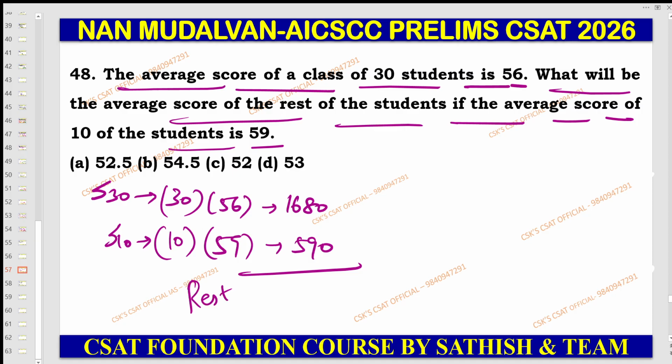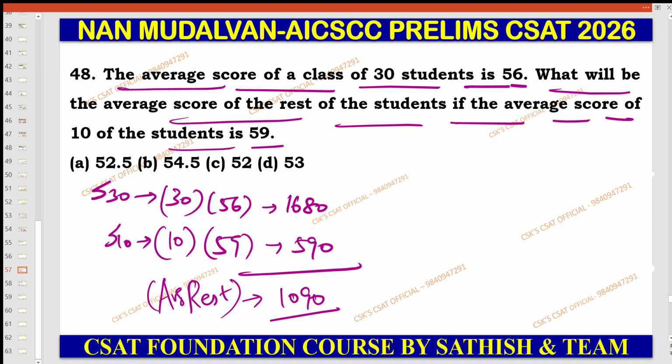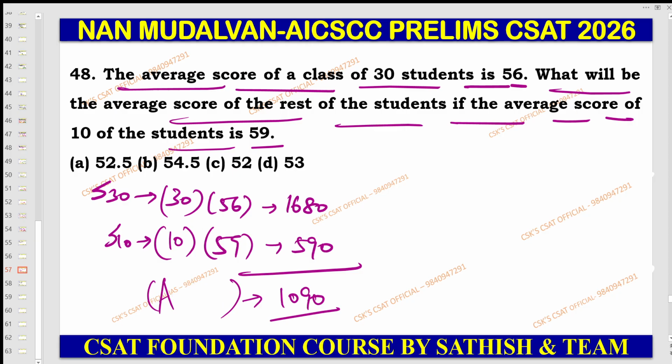So therefore average of the rest, nothing but you have to subtract these two. 1090. This is the sum. What is the average of the rest means what? We are finding out the sum. Right? You found the sum of the rest. That is nothing but the sum of the 20.